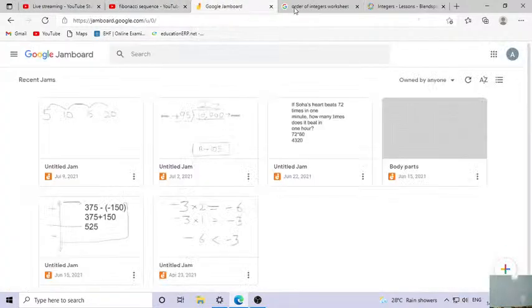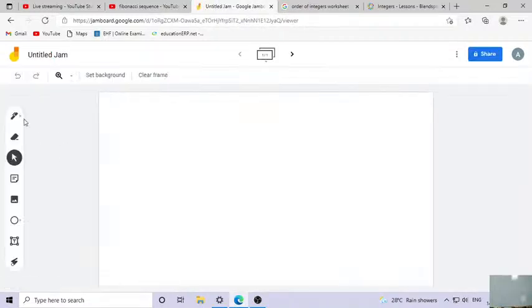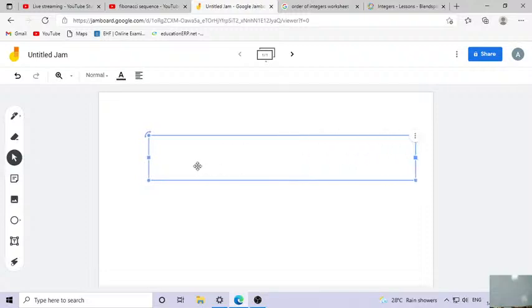I have to zoom it, just wait for a minute. Okay, fine. So here I am giving one sequence to all of you. Just try to tell me the next number of the sequence. Fine.